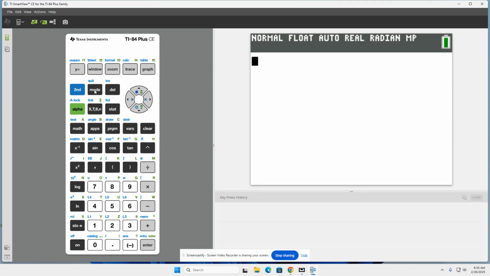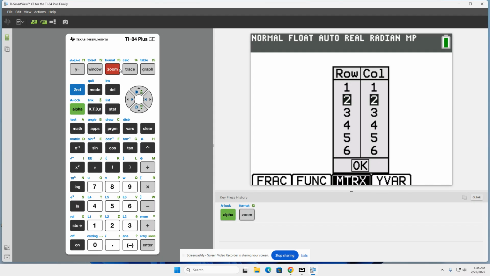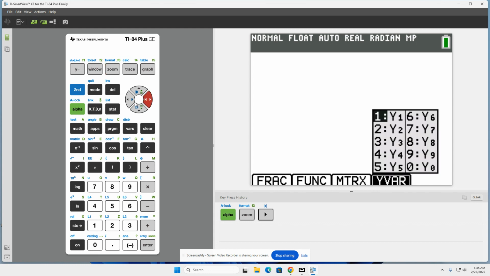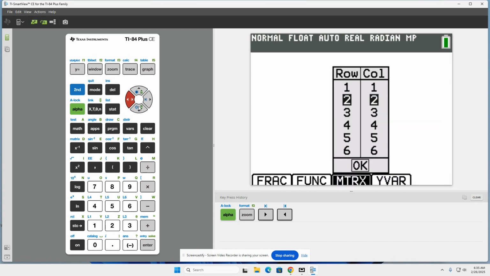There's a couple ways of going about this. You could name matrices and then do different operations with it. I'm not going to do that. I'm going to use alpha zoom, and remember, this is a 2 by 3 matrix. So I want you to go in here and I want you to change it to a 2 by 3 matrix.